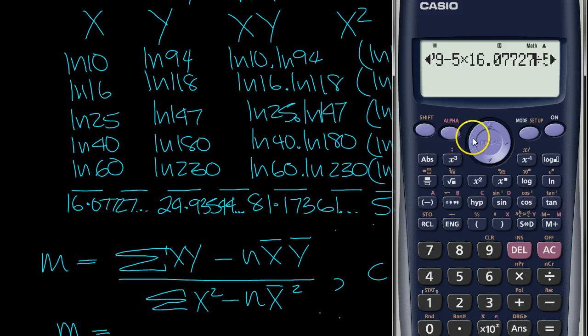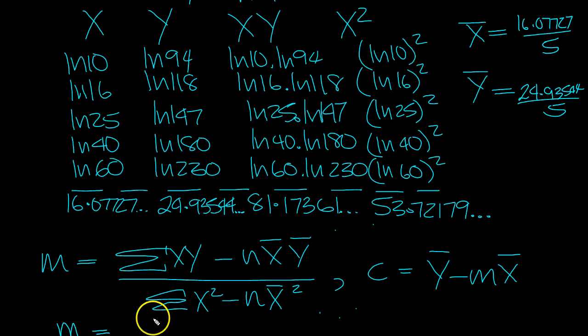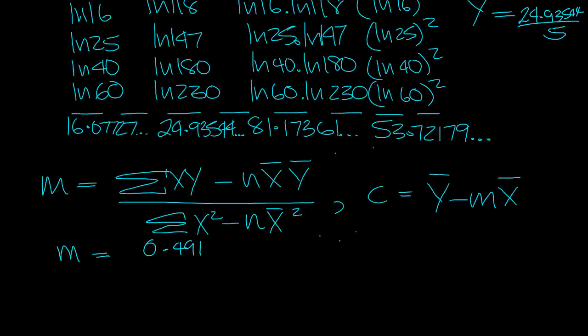So I need to put a bracket around that particular number. There's the bracket. Minus 5 times that squared. And then the whole thing underneath needs a bracket to close the bracket at the beginning. 0.491. That was to 3 decimal places.